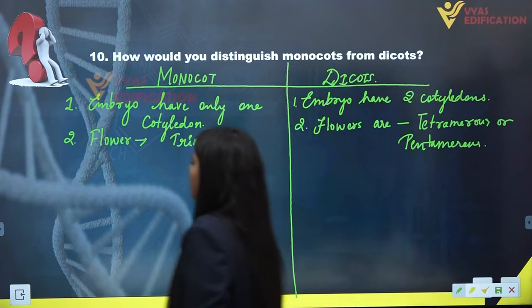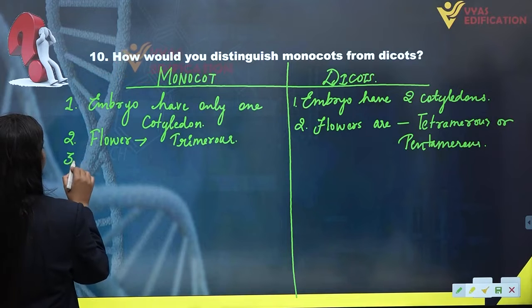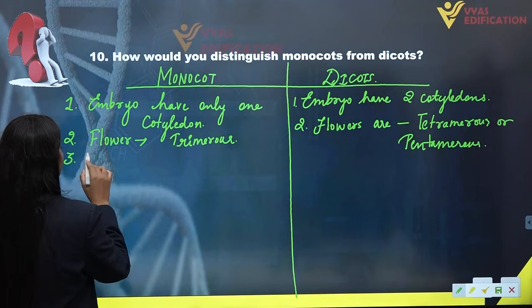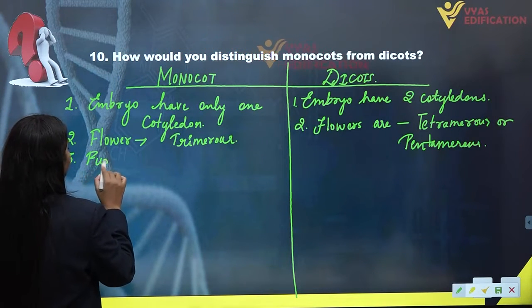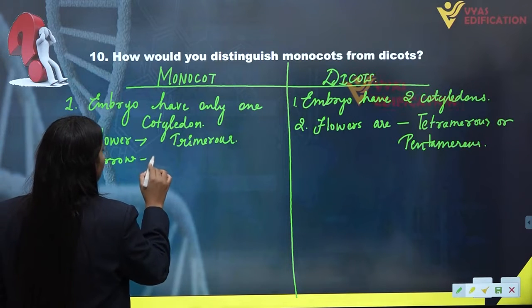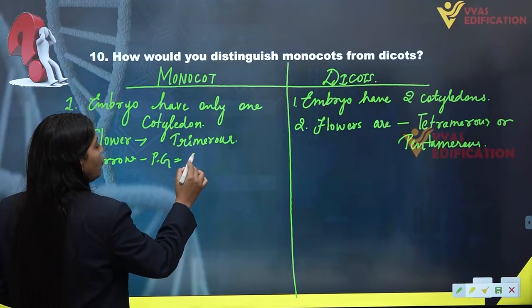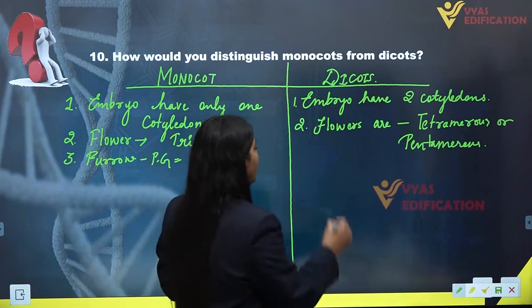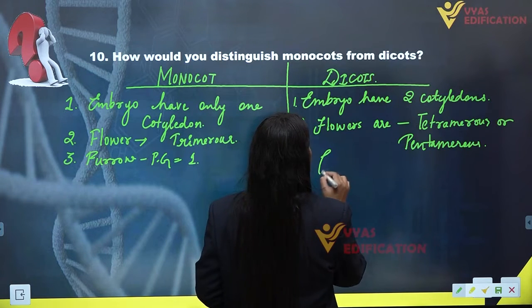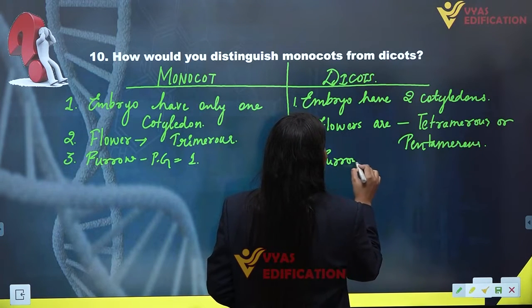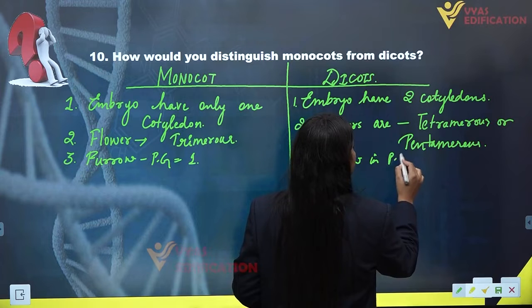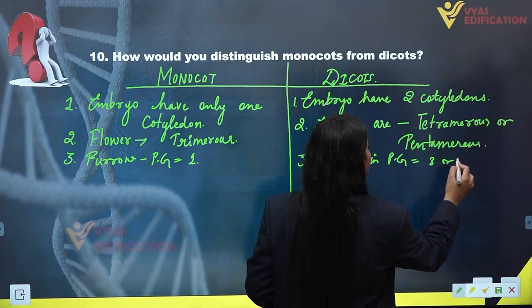Alright, if we talk about the furrow in pollen grain, then the furrow in pollen grain of monocots is generally 1, and in case of dicots, the furrow in pollen grain is generally 3 or more.